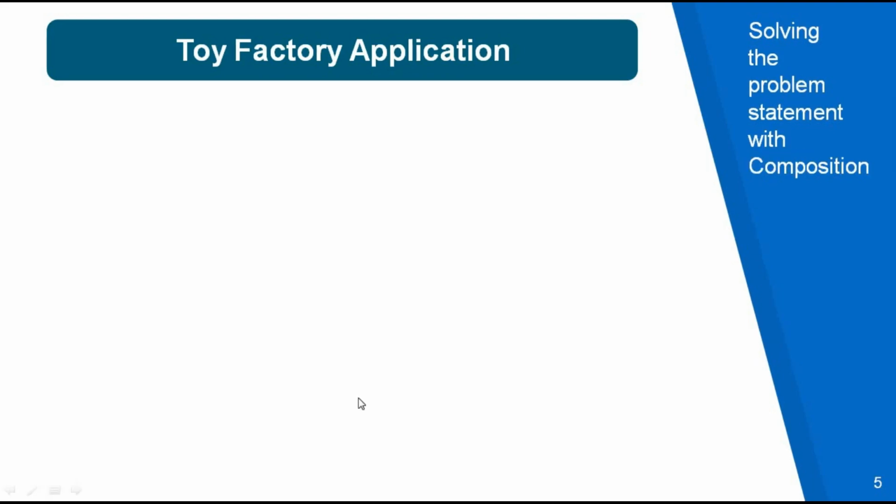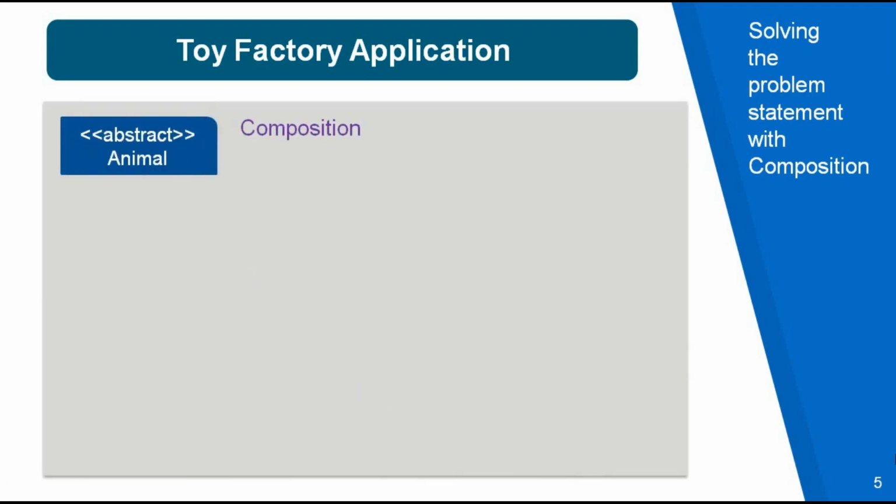So till now we tried to solve this problem using inheritance. Now let's try to solve this problem using composition. What exactly is composition? In very simple terms, composition is creating the reference of a particular object inside a class.